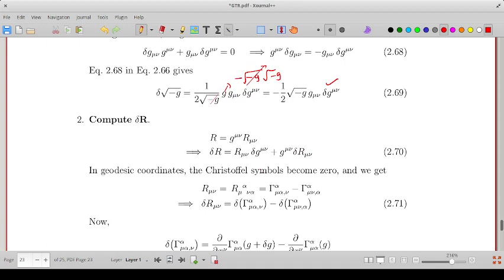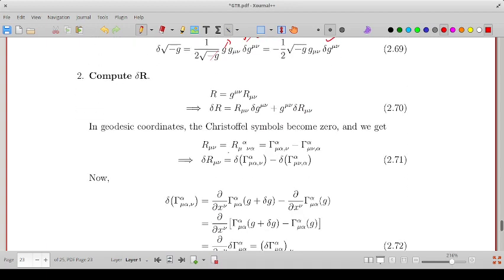And in geodesic coordinates, the Christoffel symbols become 0, and therefore r mu nu, which is defined as gamma alpha mu alpha comma nu minus gamma alpha mu nu comma alpha plus the other terms involving gamma terms.